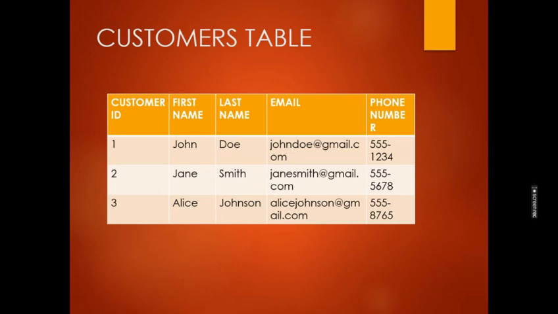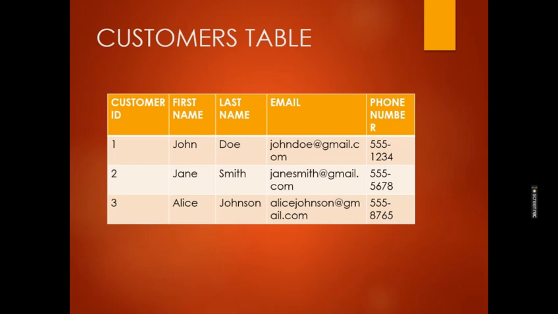This is how the tables may look like. Under the customer table, we have fields like customer ID, first name, last name, email, and phone number. The first customer ID is 1, his first name is John, the last name is Doe. Then it has the email address, which is johnneil@gmail.com. Then it has a phone number of 555-1234.